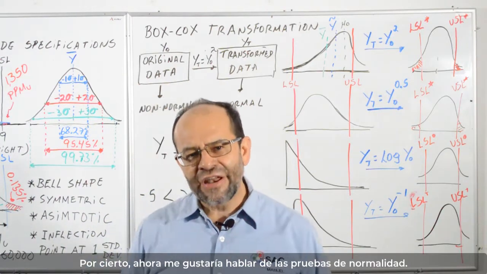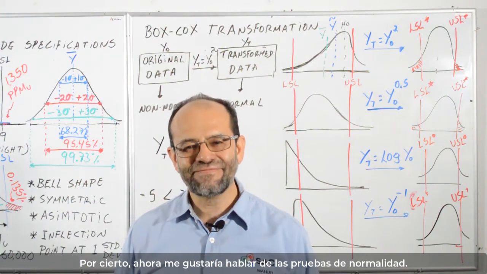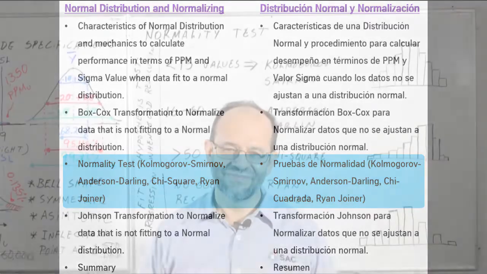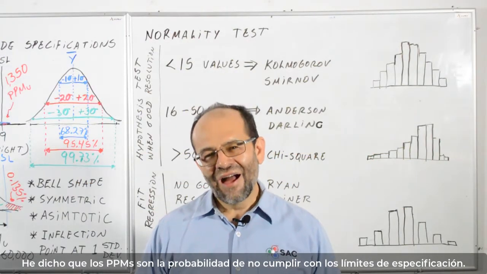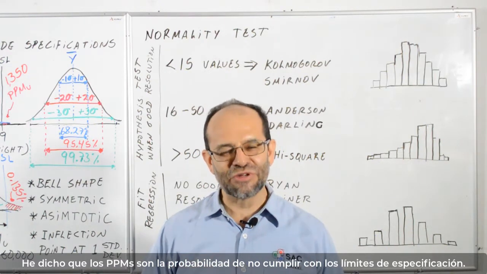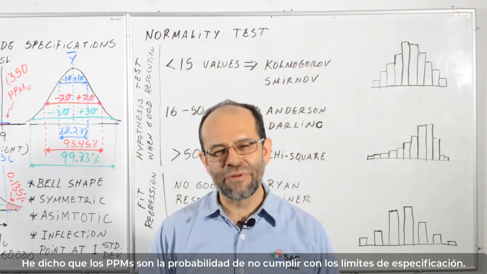And by the way, now I would like to talk about the normality test. I have said that the probability of not meeting specification limits, of being outside the specification limits, gives the PPMs.